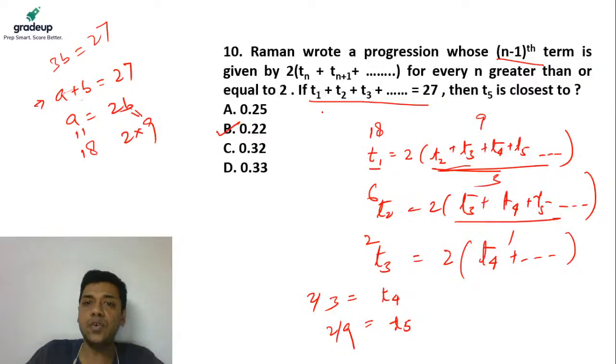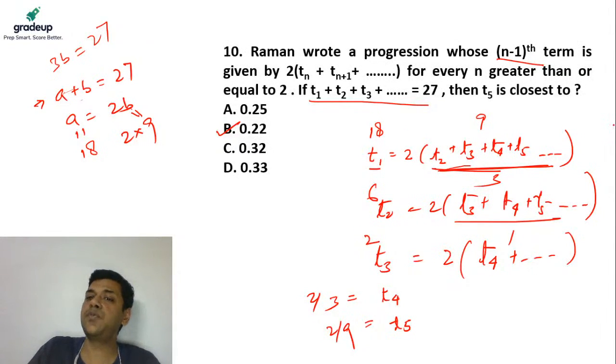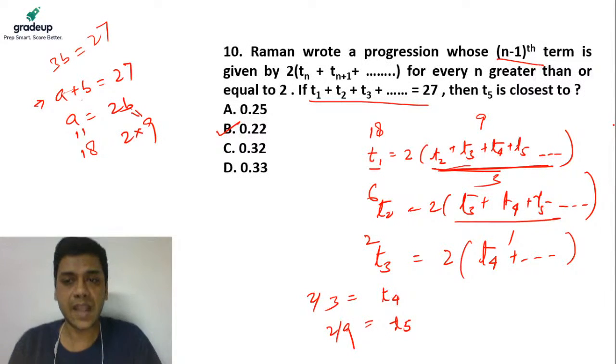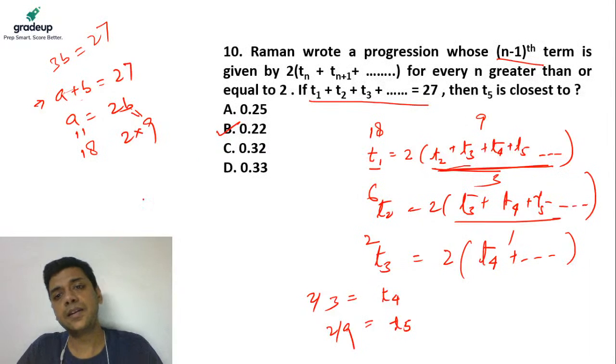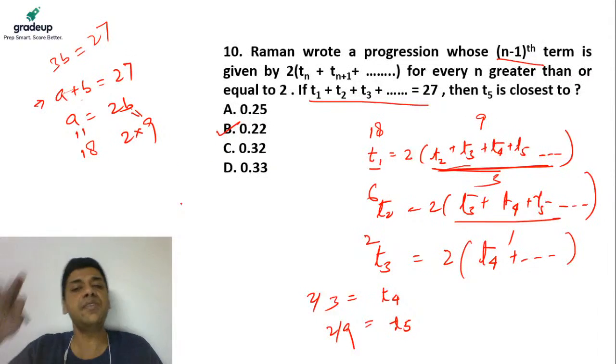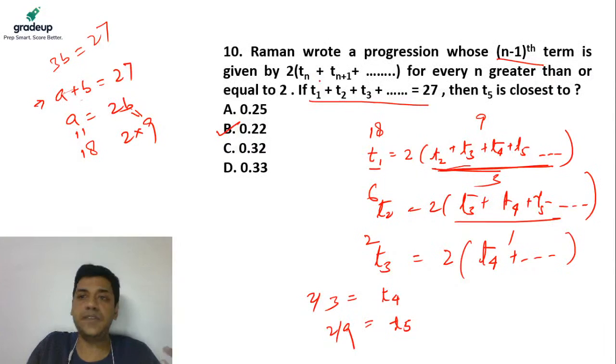Similarly, here I know that T1 plus all these terms add up to 27. T1 is twice of all these terms. So T1 will become 18 and T2, T3, T4 and so on and so forth will become 9. Similarly, now we will move one step further, we forget T1. So can I say T2 equals, again my value of n can be any number, it can be 1, 2, 3, 4, any number.